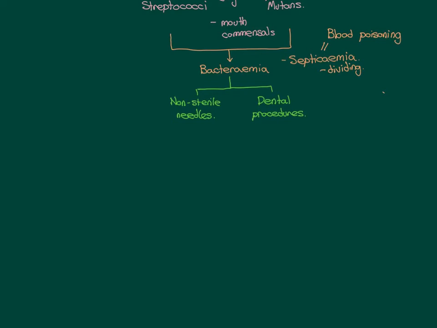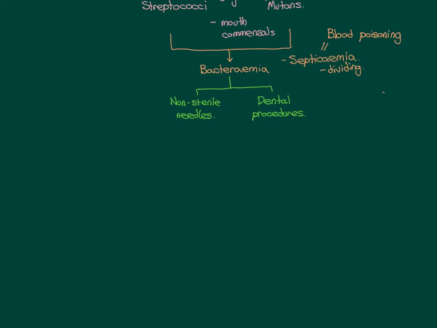So how then do they actually infect the endocardium? Well, they infect the endocardium at sites where there are pre-existing tiny vegetations. And these vegetations are going to be far more common on the left heart than on the right heart because of the increased hemodynamic strain on the wall of the left heart.